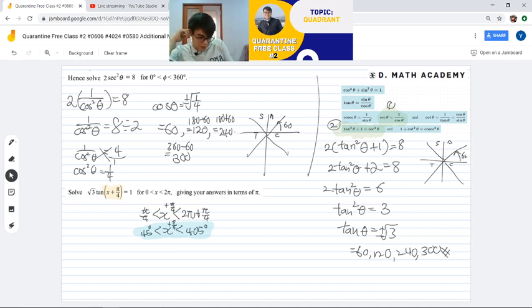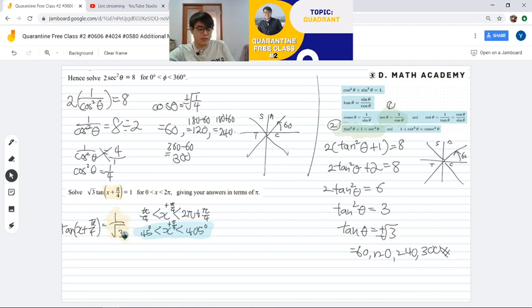Okay, so first thing that I did was to get rid of the square root 3. So I've written down tangent of x plus pi over 4 equals to 1 over square root 3. Okay, so this result over here, you will notice that there's no plus minus.